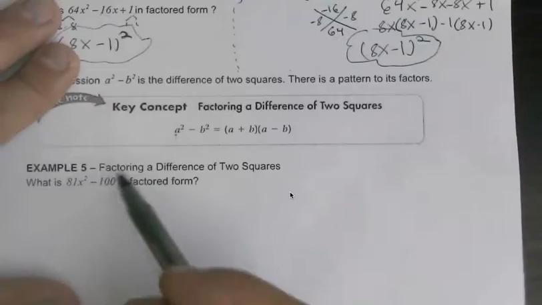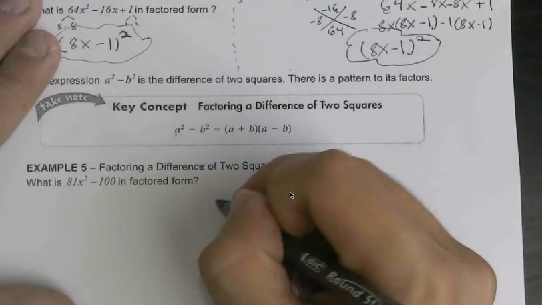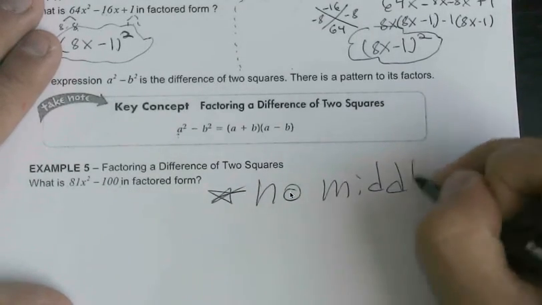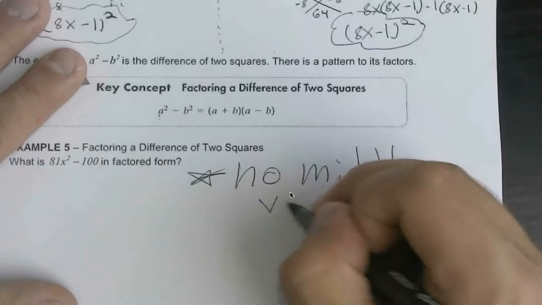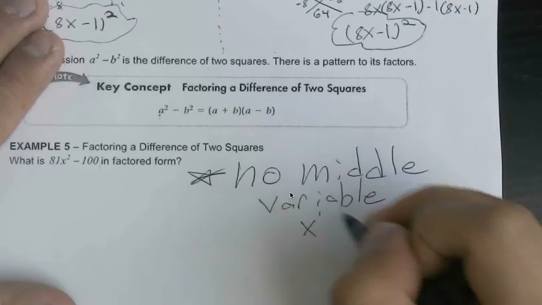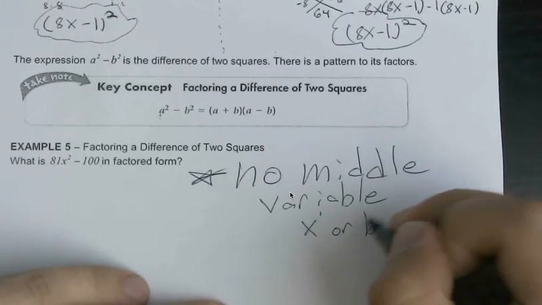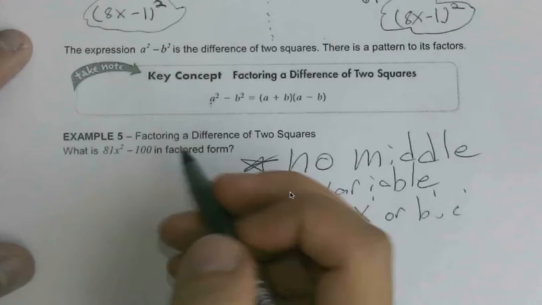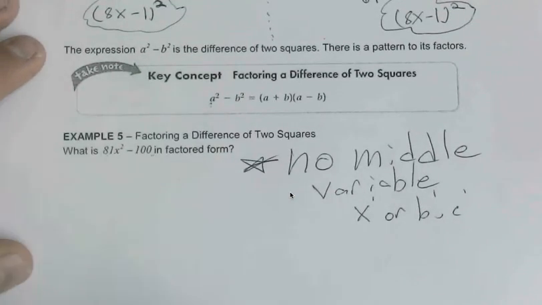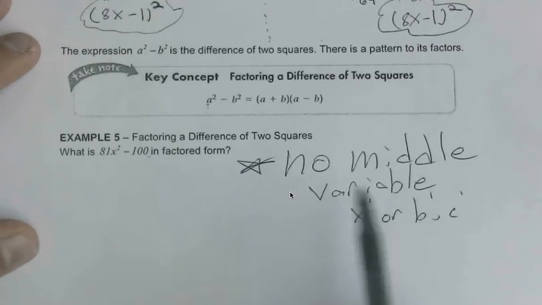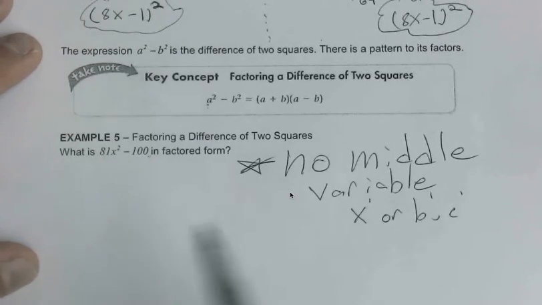And you'll know that this is a difference of two squares because there's no middle variable of, let's say, x to the first power or b to the first power or c to the first power, what have you. There's only x squared and there's a constant. So I know this is a difference of squares because there's no x term on its own.